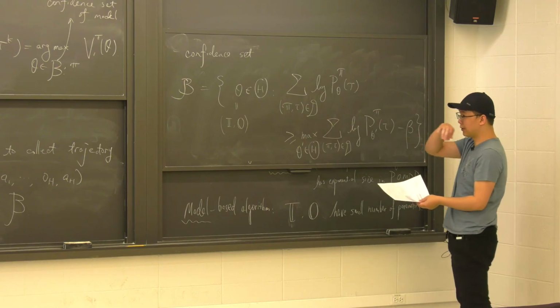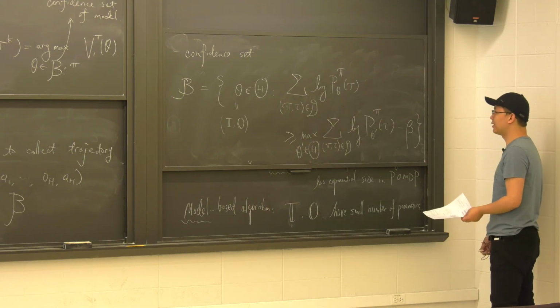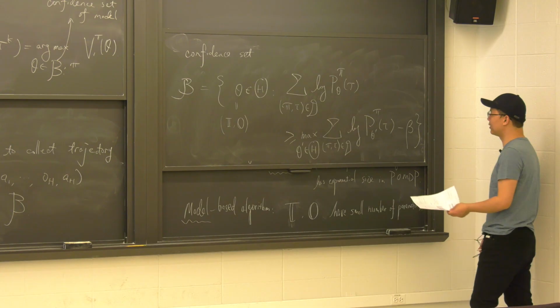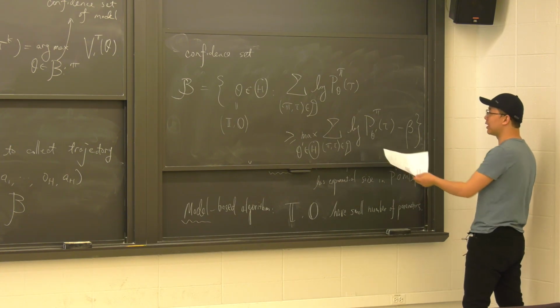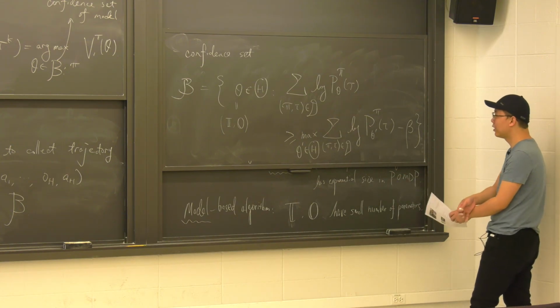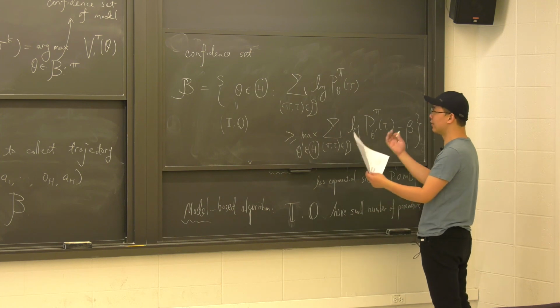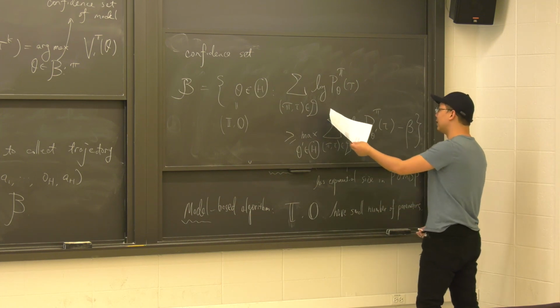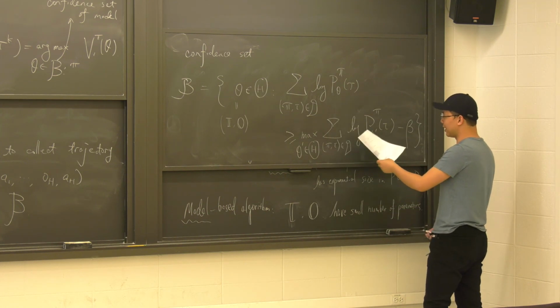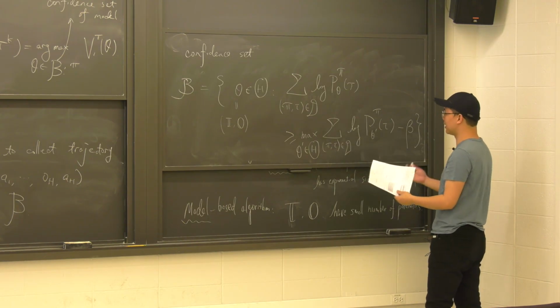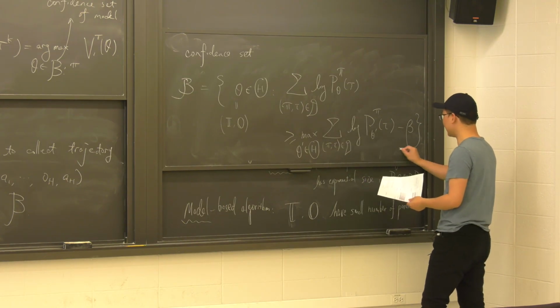MLE will give you a point estimation. So this confidence set will not include just one single point, the maximum likelihood estimation. I will actually include all the models whose likelihood may not be as good as the MLE, but can be slightly worse than the MLE by some statistical tolerance beta.